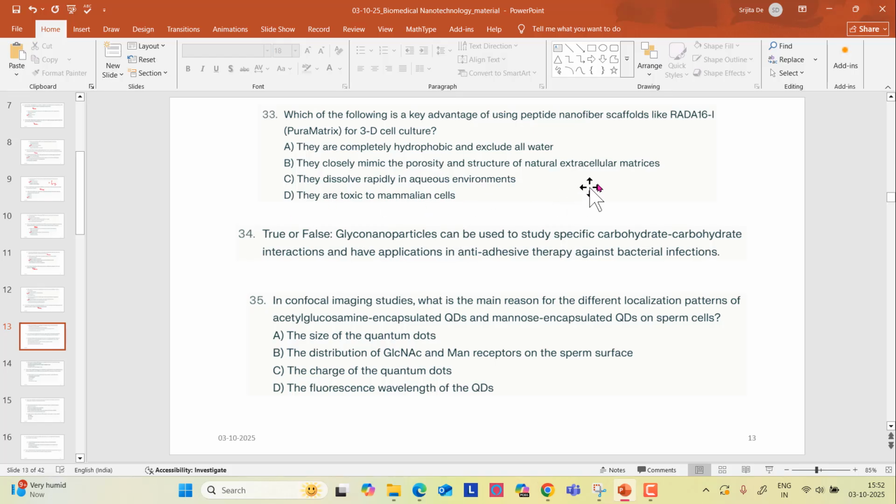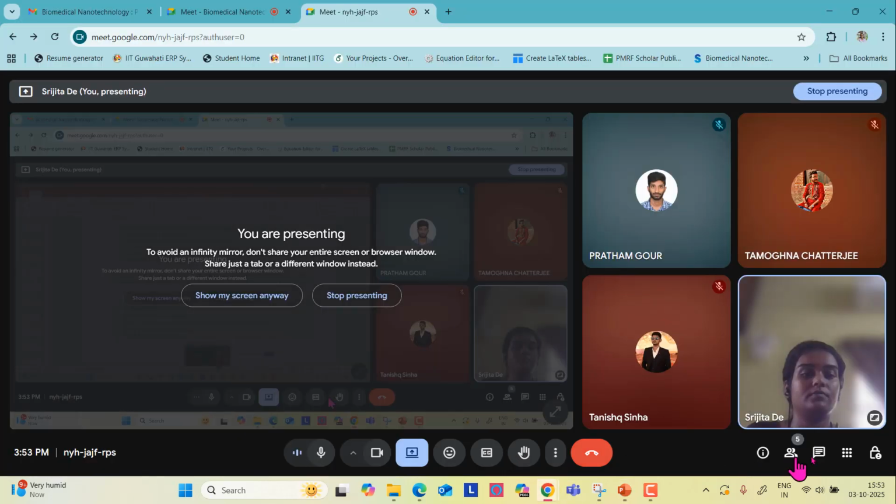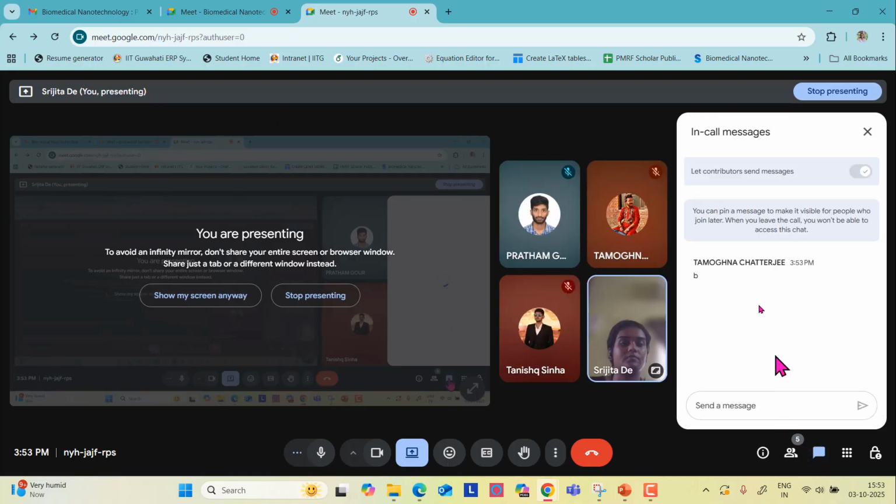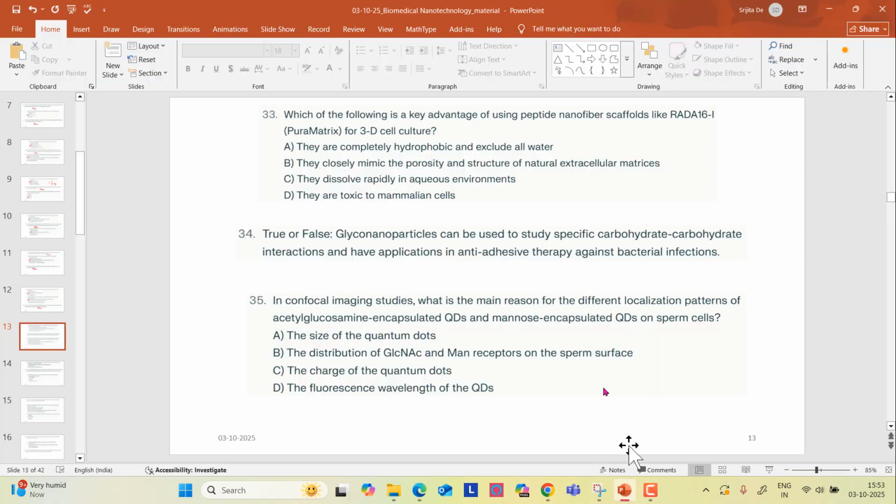So what is the advantage of using this peptide nanofiber scaffold in a 3D cell culture? Yes, it is: they closely mimic the porosity and structure of natural extracellular matrices.